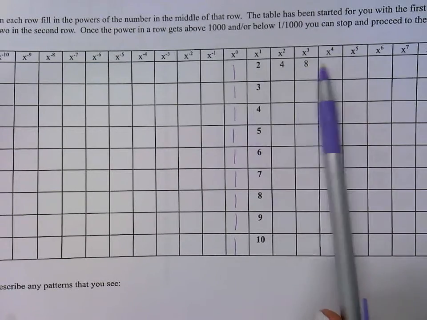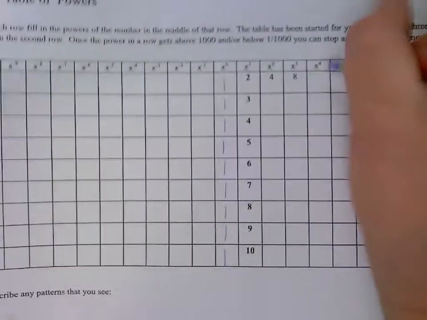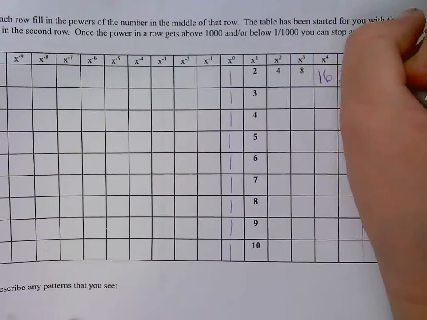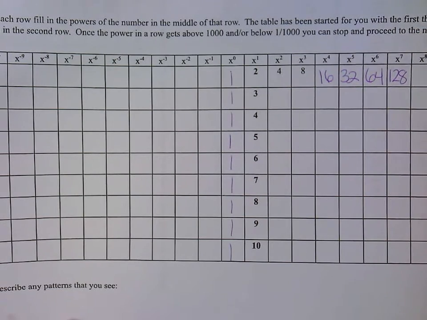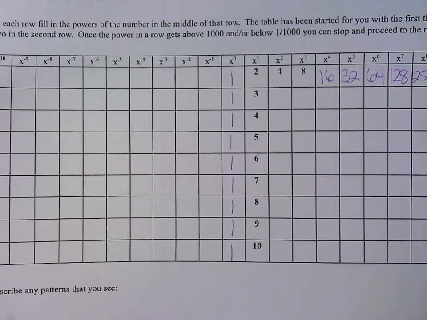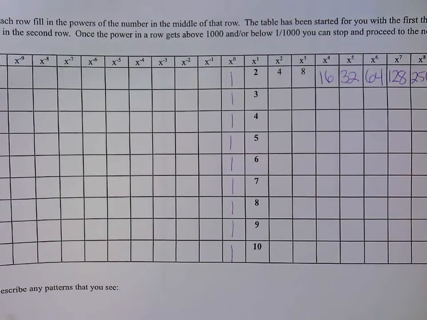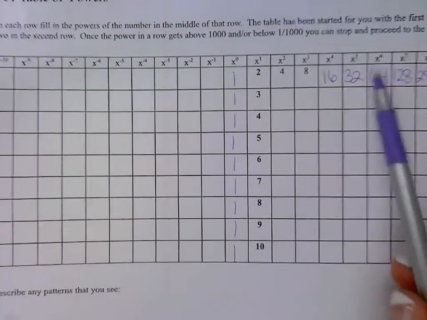So you keep going to the right by multiplying by 2, right? 8 times 2 is 16, 32, 64. These are all powers of 2. 128, I don't know these, 256. I think the next one is 512, right? 512 and 1024. And it says once you get to a number bigger than 1,000, you can stop.